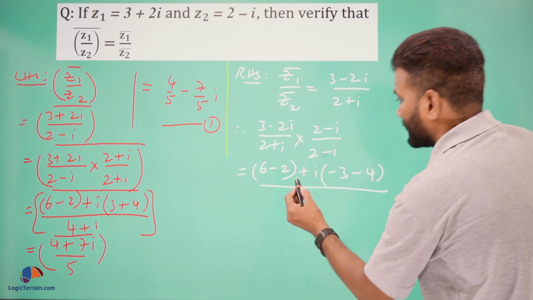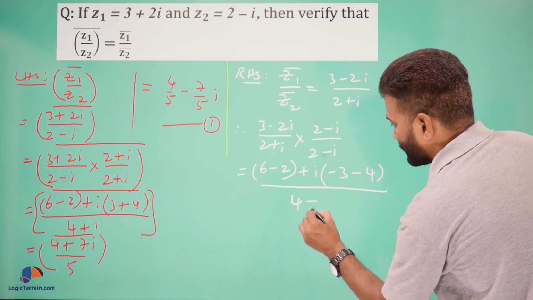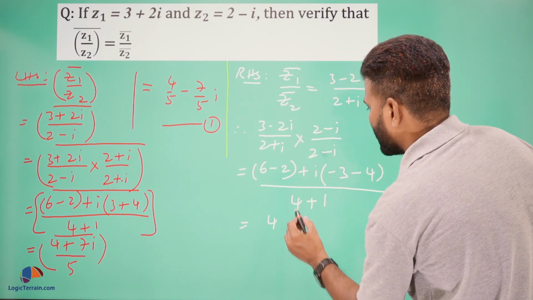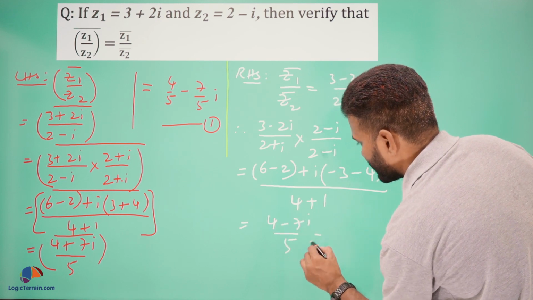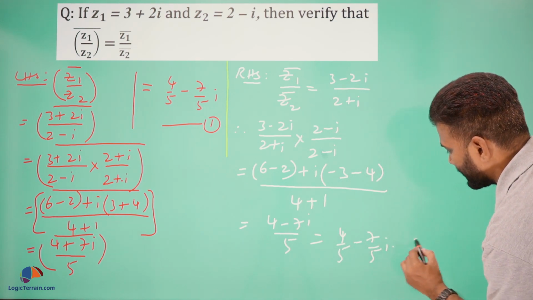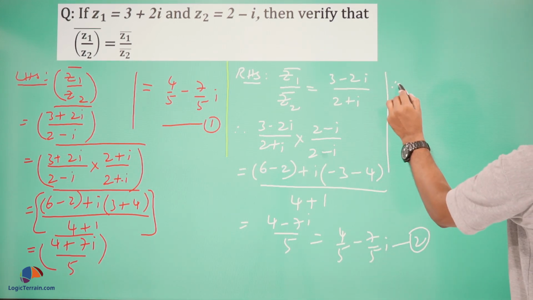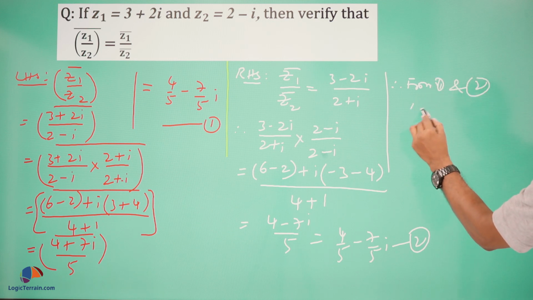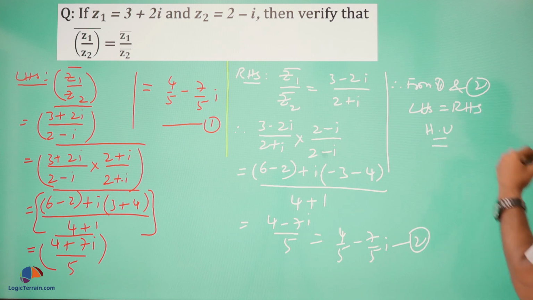Again we will apply the identity: 2 square is 4 minus i square, positive 1, and this becomes 4 minus 7i upon 5, which is nothing but 4 upon 5 minus 7 upon 5 i. Let us take this as number 2. Now from 1 and 2, therefore LHS is equal to RHS, hence verified.